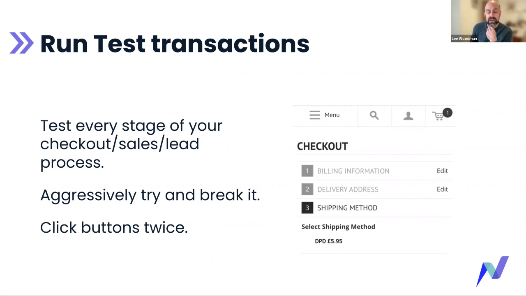Maybe your lead form goes straight into HubSpot, for example, or Salesforce, or whatever that is. Make sure those connections work. If you're on WordPress, when you do an update, check your forms. That's quite a classic one where an update has happened and it hasn't worked, or it doesn't work since.